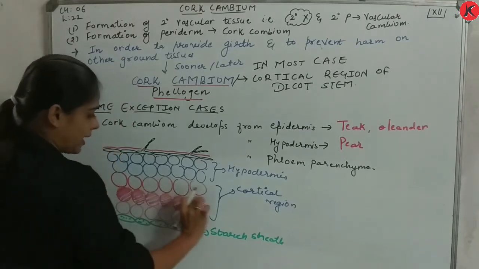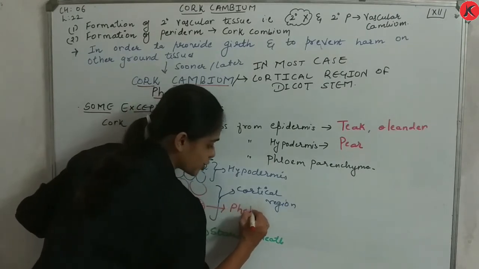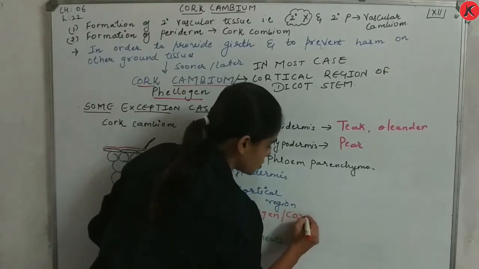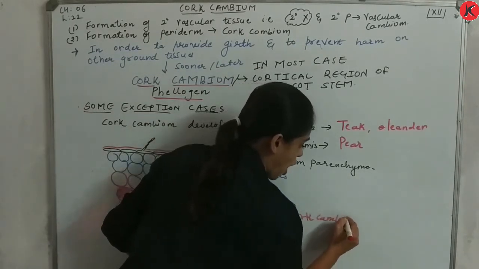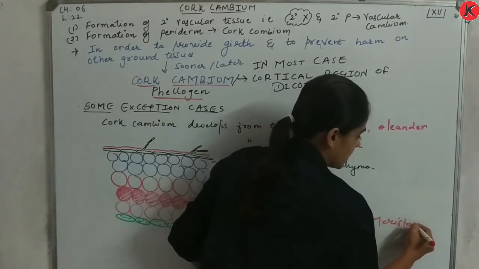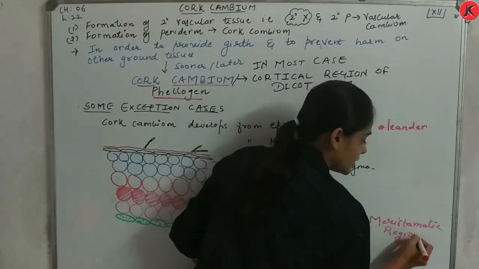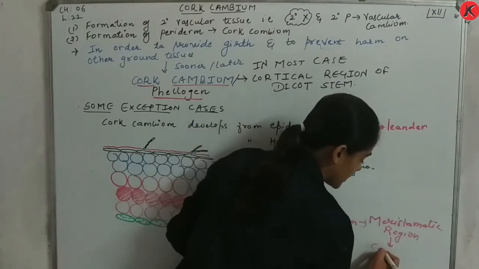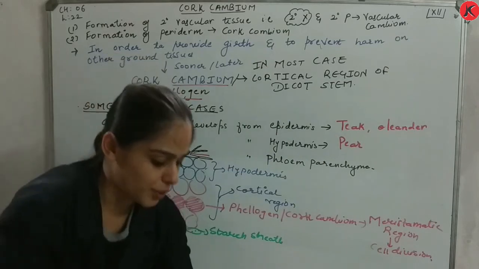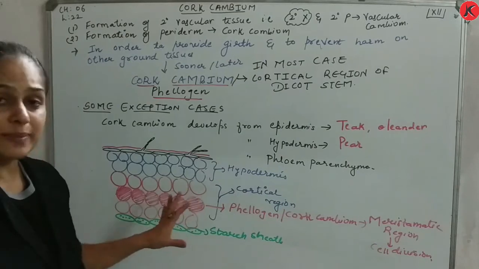And ये जो layer बना, this layer is called as your phellogen, or it is called as your cork cambium. जो कैसा होता है? It is meristematic. It is meristematic region which is having property of cell division. Am I clear? आपको ये बात समझ में आई मैंने क्या बोला?